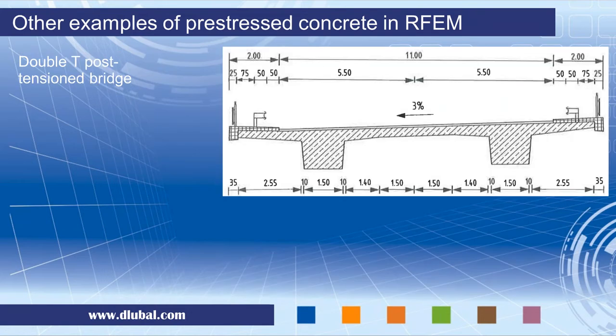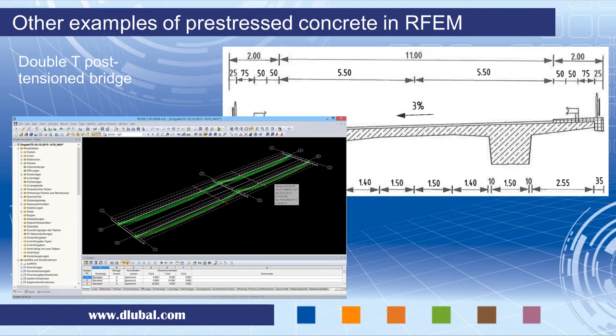Another example which we made, actually Adrian Langhammer's input, is a double T post-tensioned bridge. This was from a German report, whose name I do not remember, but Adrian can tell us. This double T post-tensioned bridge was modeled in RFEM as two independent beams linked together by an orthotropic slab.